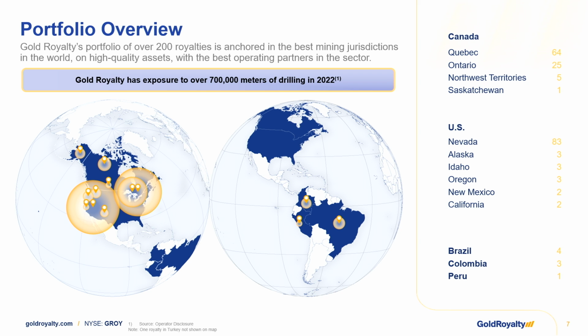This is an overview of our portfolio in numbers. In sheer numbers, 75% of our royalty portfolio is in Ontario, Quebec, and Nevada, which perennially is judged by the Fraser Institute in the top 5 jurisdictions of the world for mineral potential, low political risk, and low regulatory risk.